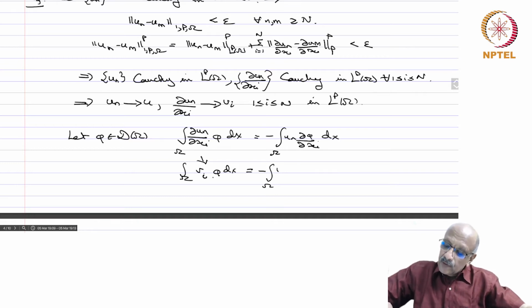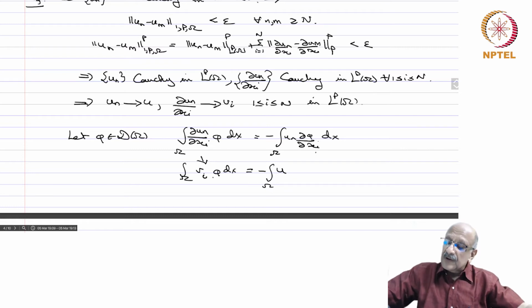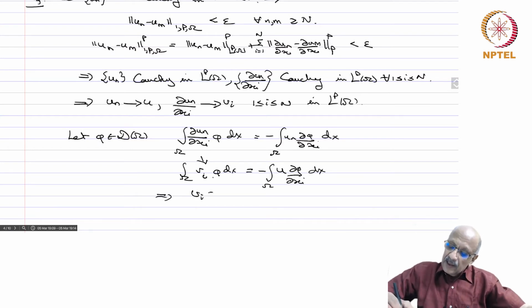Now un goes to u and d phi by dxi is a fixed C infinity function with compact support, which is in the dual space, and therefore this goes to the integral of u d phi by dxi dx. And this implies that vi equals du by dxi.